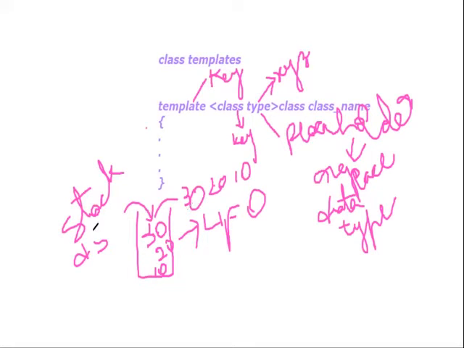When we insert values inside it, that operation is known as push, and when we take out a value, it is a pop operation.